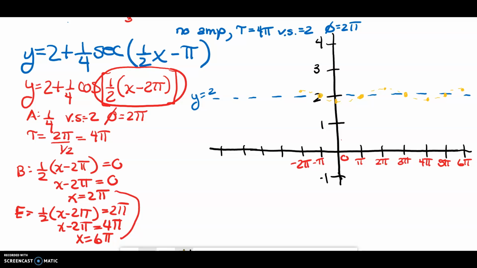All right, so now I'm going to draw my asymptotes wherever my graph crosses my vertical shift, and I'm going to make sure that I label them. All right, when I'm done with that, let's label x equals 5 pi, x equals 3 pi, x equals pi, x equals negative pi.